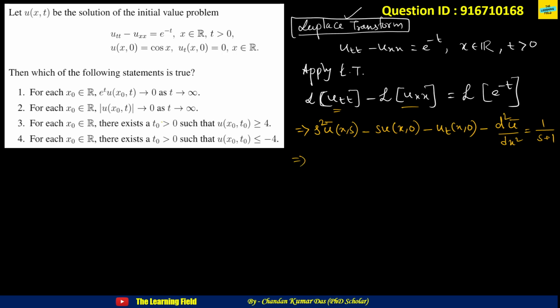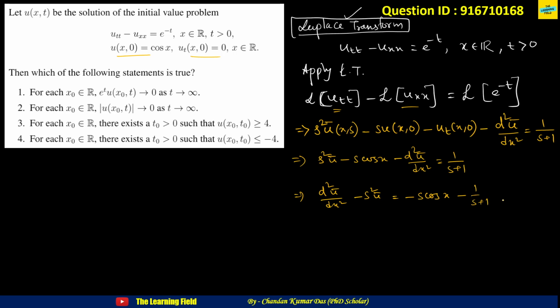Now put u(x,0) equal to cos x and u_t(x,0) equal to 0. So s square u bar minus s cos x minus 0 minus d2 u bar dx square is equal to 1 by s plus 1. So we can write d2 u bar dx square minus s square u bar equal to minus s cos x minus 1 by s plus 1.